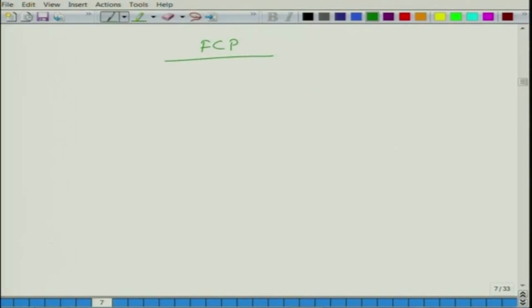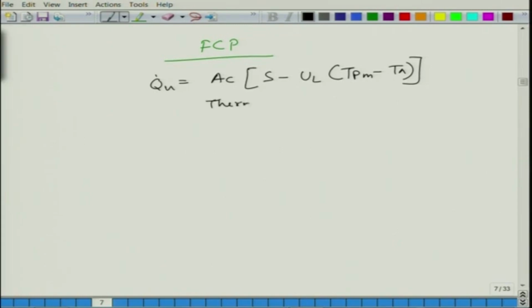Okay. So, now the original equation that we started with was this. We can pictorially draw this by using a thermal circuit, which you are familiar with from your heat transfer course.